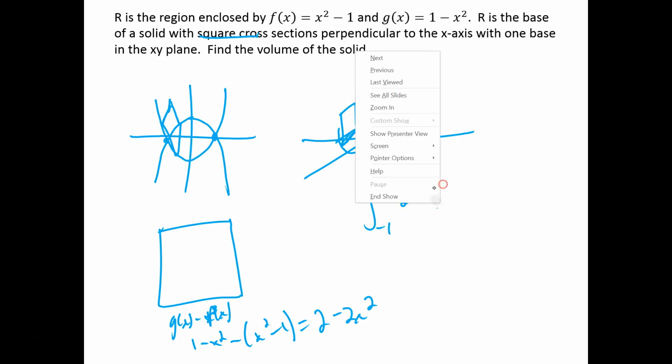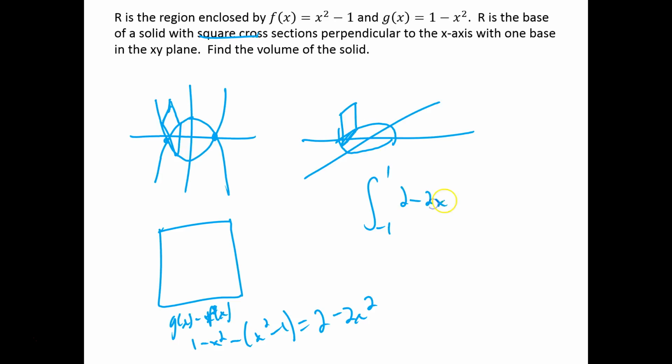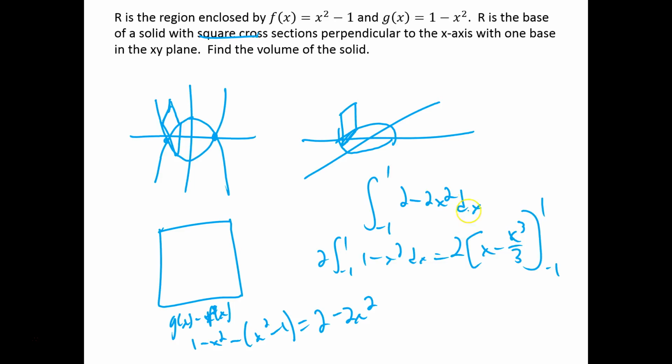2 minus 2x squared dx. Pull a 2 out of there. So it'll be 2 times x minus x cubed over 3, from negative 1 to 1. To plug in the 1, we have 2 times 1 minus a third, minus negative 1 plus a third.